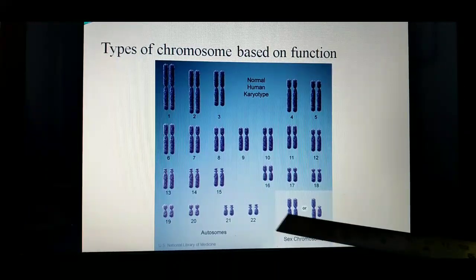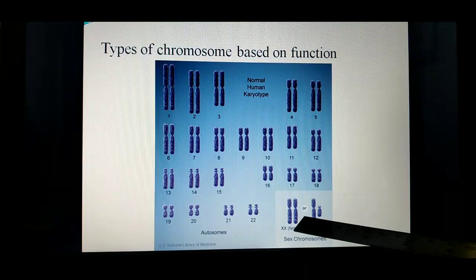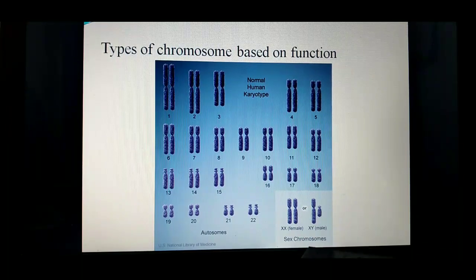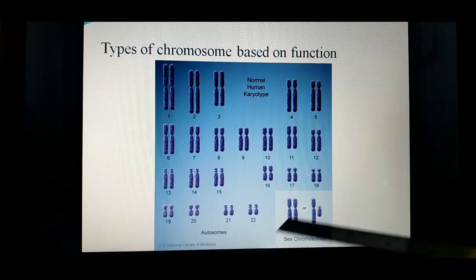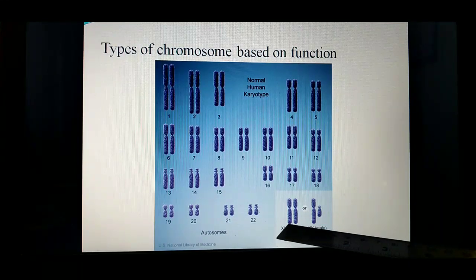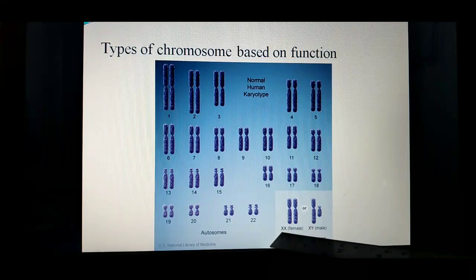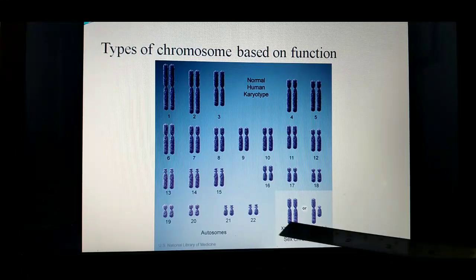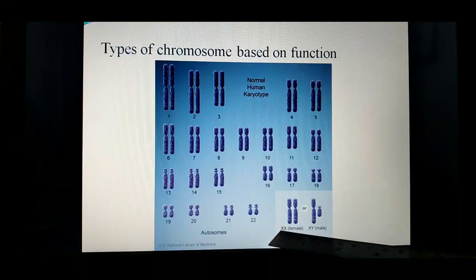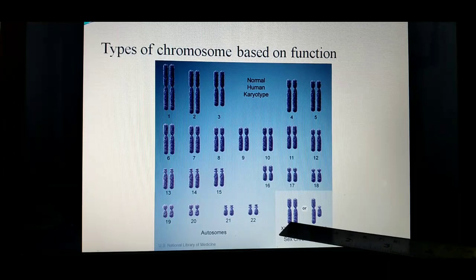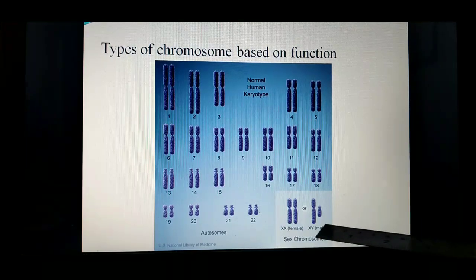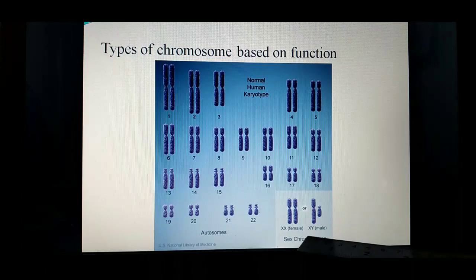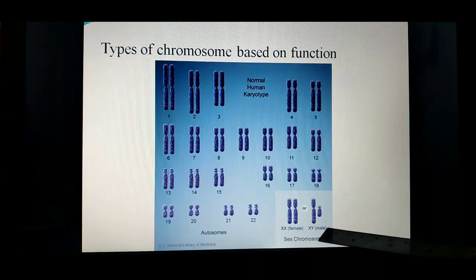Then the last pair, the 23rd pair, is called allosomes or sex chromosomes. In females, the 23rd pair is XX. In females, both the chromosomes are the same, XX. In the case of males, the 23rd pair is in the form of X and Y in all the cells.